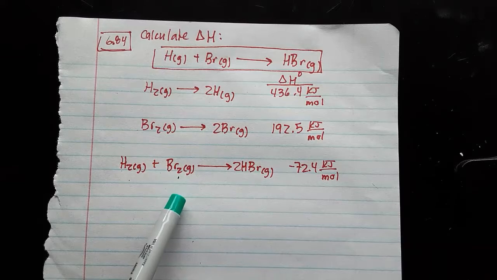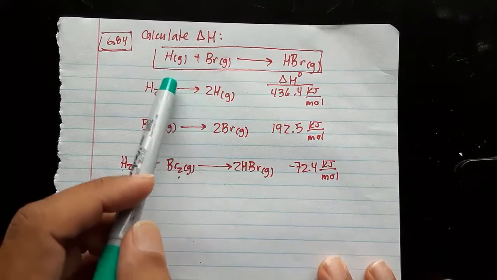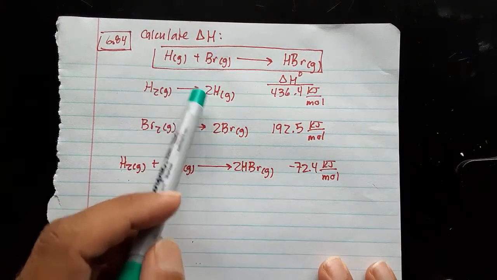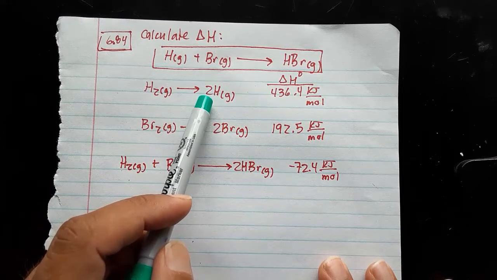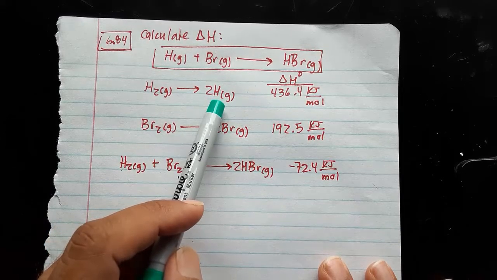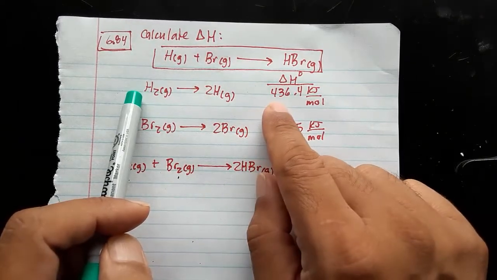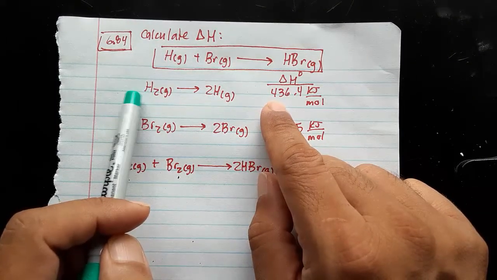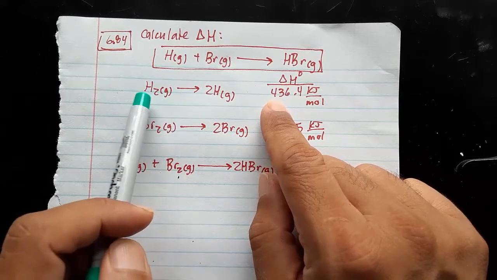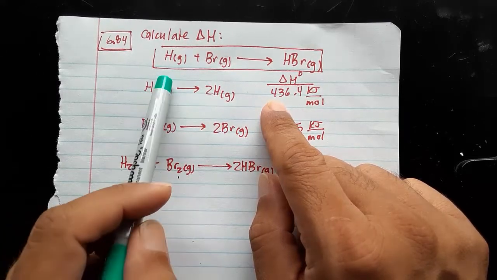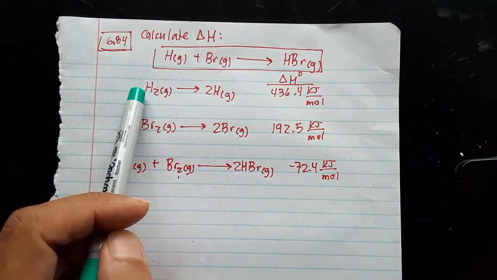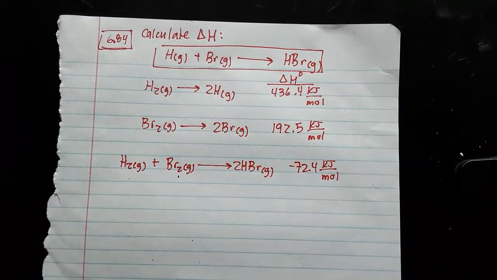The first thing I'm going to do is, you see here the H gas is in the reactant, but in this first reaction, H by itself is in the product. So we're going to flip this reaction. When you flip this reaction, you actually flip the sign. And instead of going for two H's, we actually have one H. So I'm going to multiply the first reaction by 1/2 after I flip it.